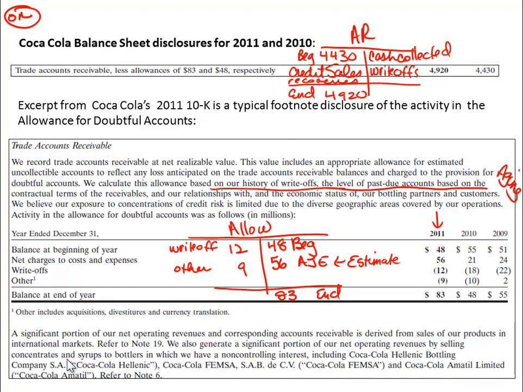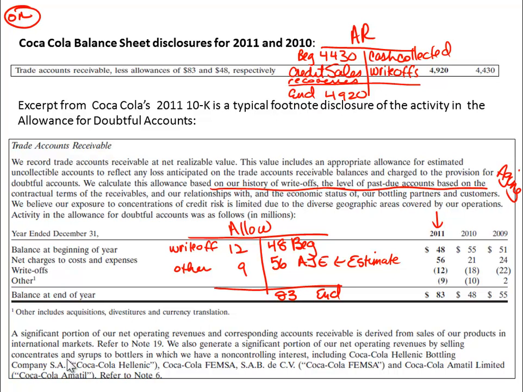Well, for Coca-Cola, they were a little bit more telling in their footnote disclosures. So we can look at their trade receivables, and we can figure out why the accounts receivable for Coca-Cola changed between the beginning and the end of the year.